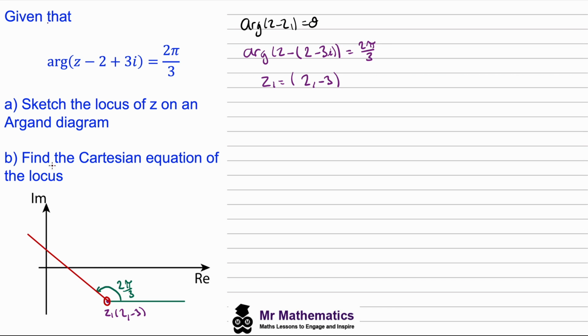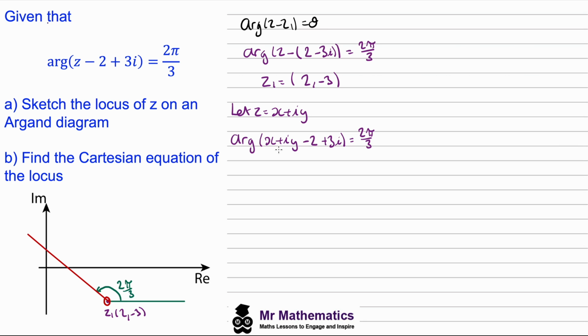For part B, find the Cartesian equation of this locus. Well, if we say let z be equal to x plus iy, then we substitute this back into our equation, we have the argument of x plus iy, minus 2, plus 3i, will equal theta, which we know is 2 pi over 3.